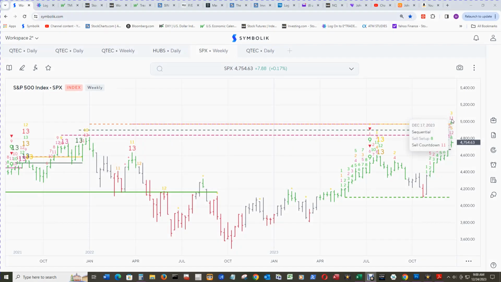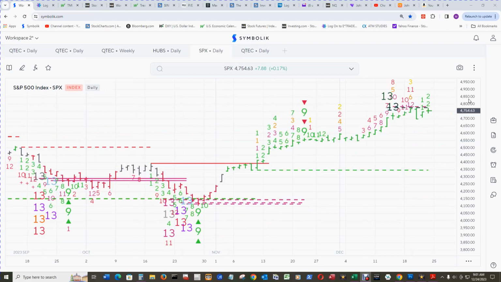And the sequential sell countdown 13 could happen quicker than this combo sell countdown 13, but at a minimum it's going to be at least another full week or two, more than likely 2 weeks before we get the 13s pair in a perfect world.